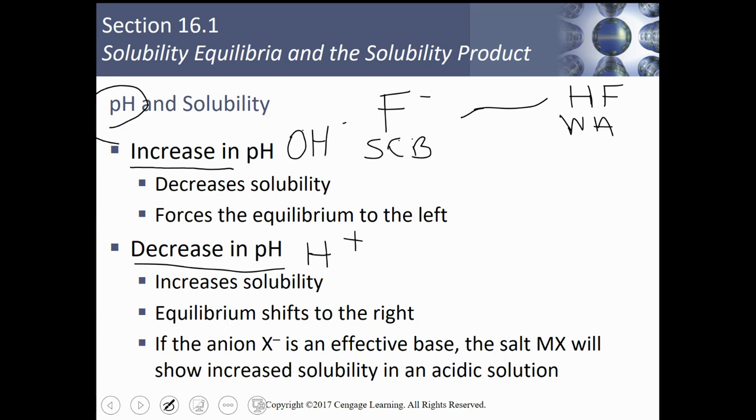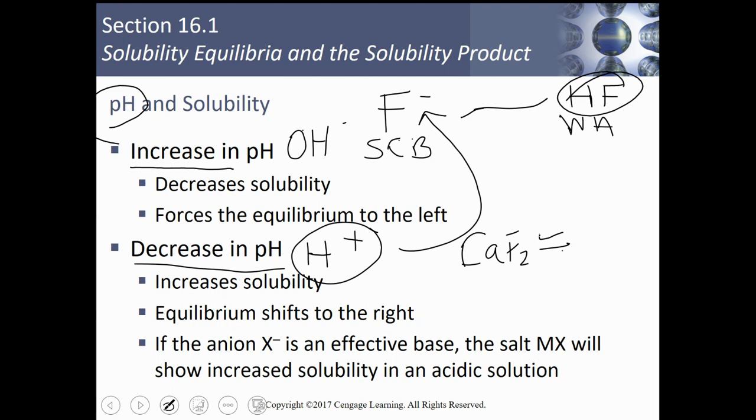So how will it affect your solubility? Say we decrease pH, we have H+ being added to this equilibrium. That's going to react with F-. This is a strong conjugate base. Bases want to accept protons. If you introduce a proton to it, your F- will react with it and form some HF in solution. If you think about that, you had calcium fluoride in equilibrium with Ca2+ and 2 F-.